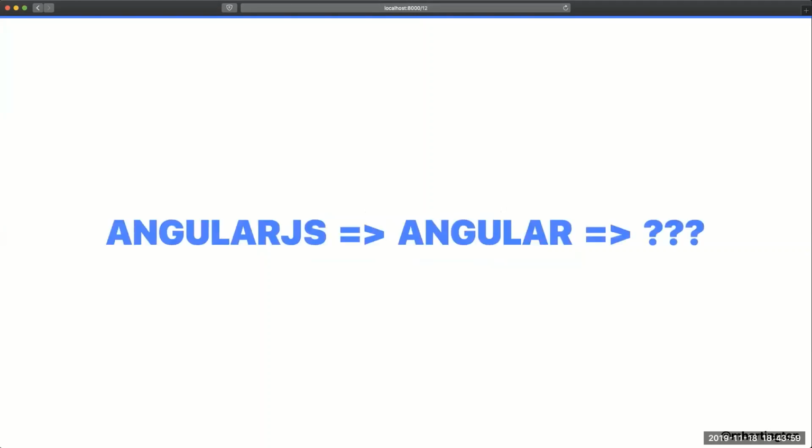We've also seen it with AngularJS. AngularJS was the big framework that everyone wanted to use. Then things moved to Angular, and then frameworks grew to fill up people who didn't want to migrate. So who's to say that Angular or React or Vue are the frameworks that are going to be around in the next 5 years?